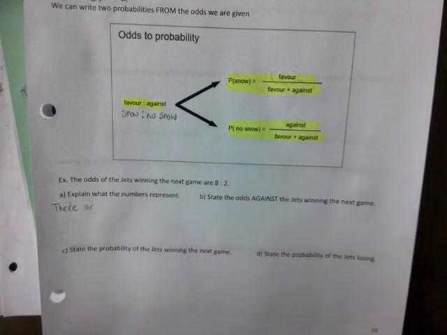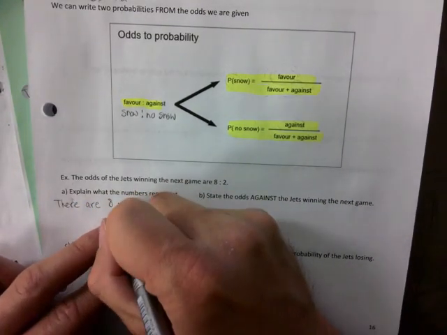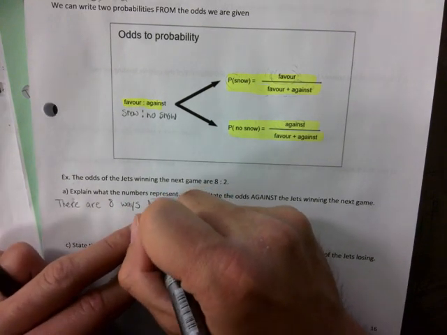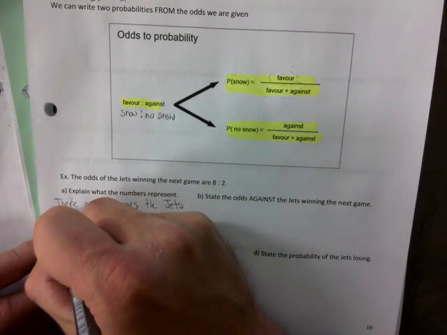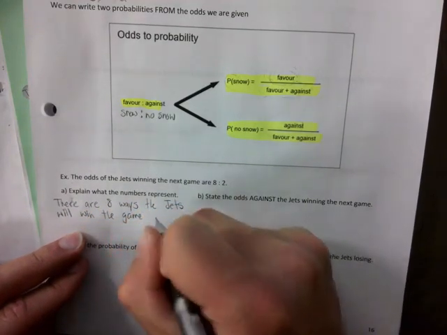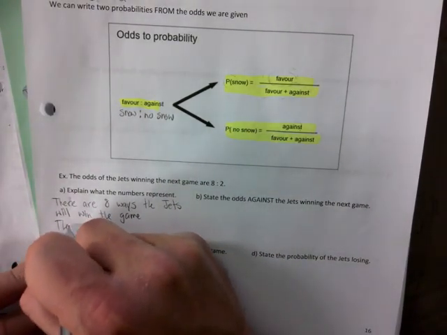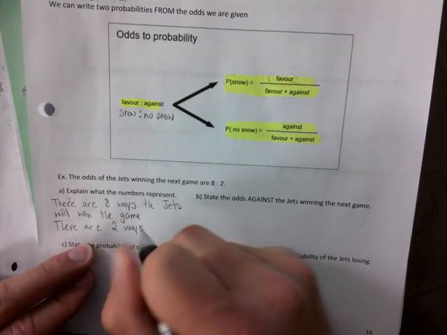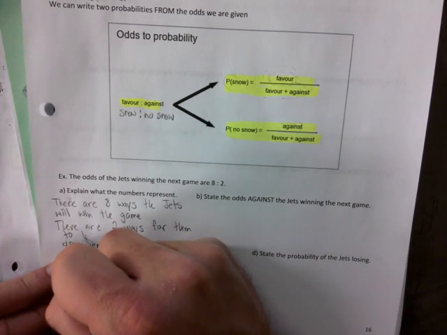So there are 8 ways the Jets will win the game, and for the 2, there are 2 ways for them to lose the game.